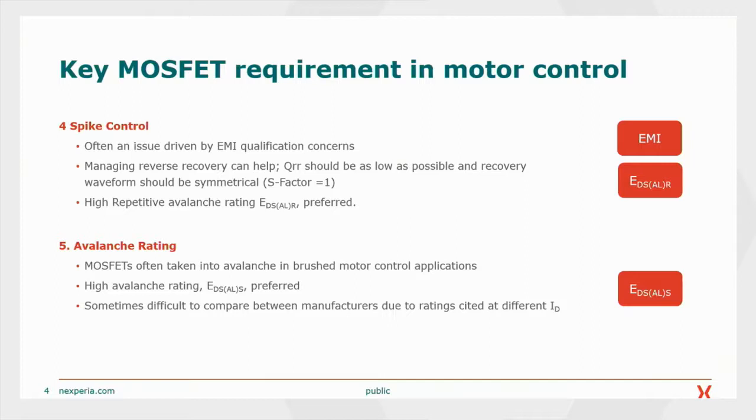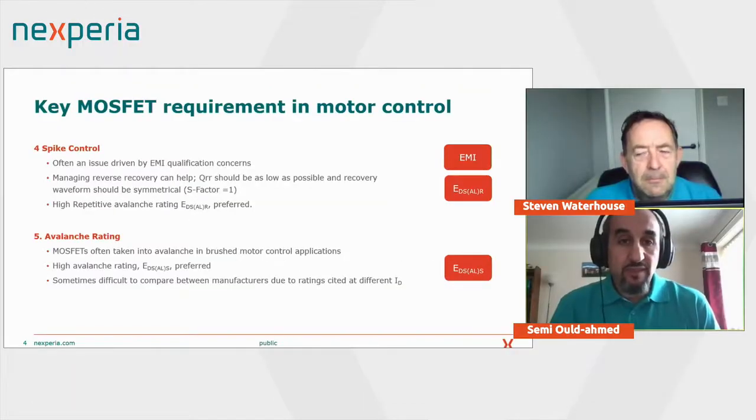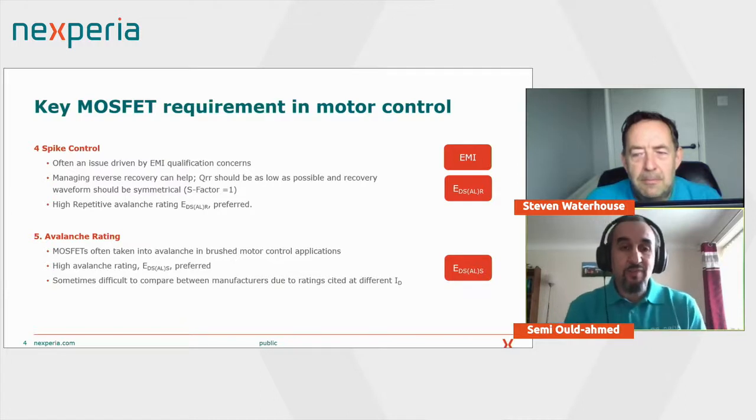One is the smooth recovery of the body diode characteristics of the MOSFET, reducing the QRR, minimizing the power losses, as well as having a MOSFET dealing with repetitive avalanche in case the spikes are inevitable, coming from the parasitics in a circuit.